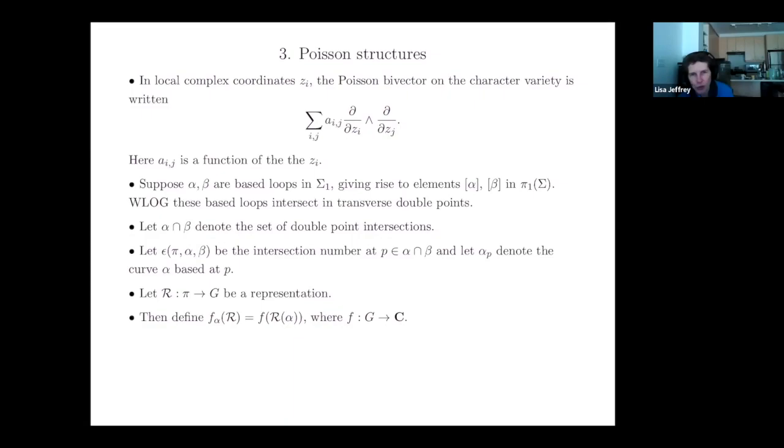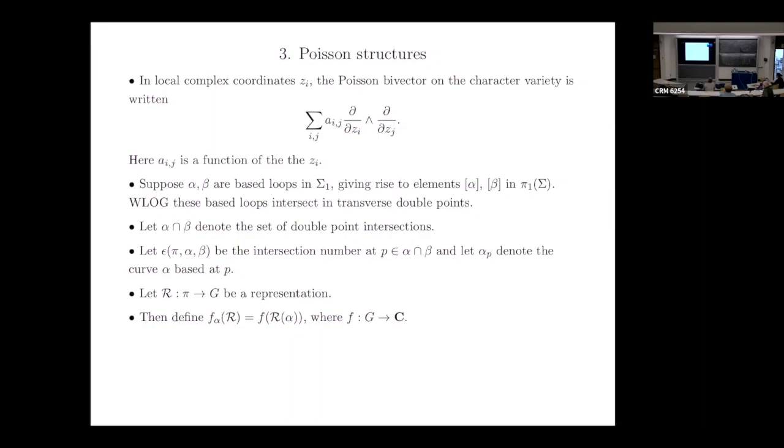Is there a question? I don't understand. Is this a real Poisson structure? Yes. You mean why am I using complex coordinates? I expected that you would use d over d z_j bar for one of them. No, this is actually a complex Poisson structure.